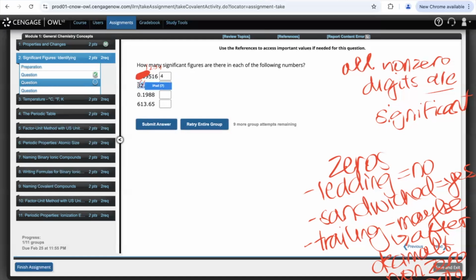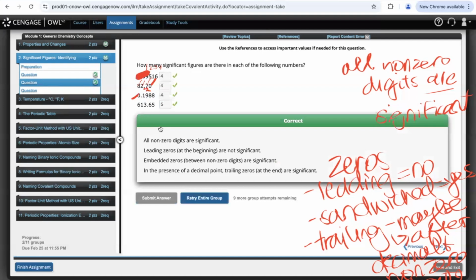And then now we have an example of a trailing zero, which is a maybe. So it is after a decimal and a non-zero digit, so it is going to count. So in that case, we have 4. Here we have a leading zero, which never counts. And then we have 1, 2, 3, 4. And then here, no zeros, which makes it easy. So we have 5. All right.